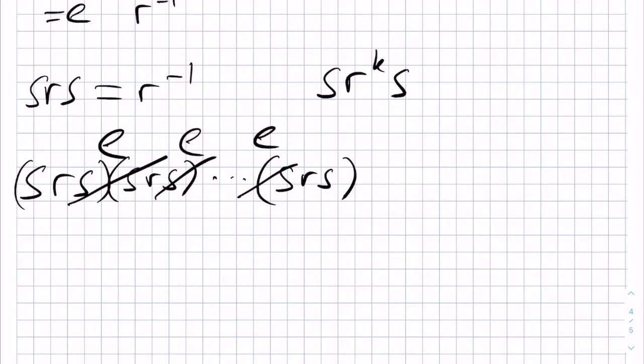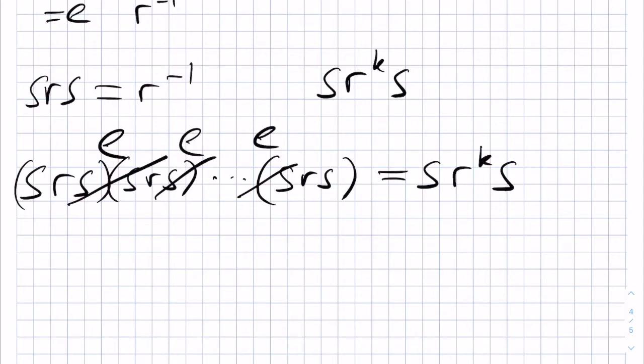The only s's that remain are the s's on the end, i.e. we have an s here and an s here, and what will be in between is all of these r's that we've picked up. And since there are k lots of this entire term here, there are k r's.